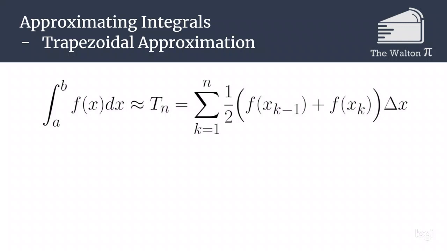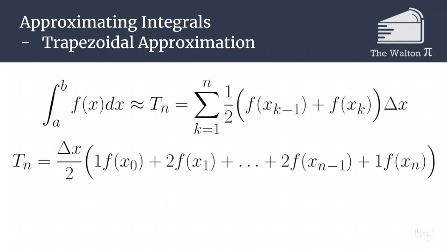So this is just using the formula for the area of a trapezoid, and we are putting it into a sum. If we expand this out, the trapezoid sum becomes delta x over 2 times 1 f of x0 plus 2 f of x1 plus 2 f of x2, and so on, all the way until we get a plus 2 f of x sub n minus 1 plus 1 f of x sub n.